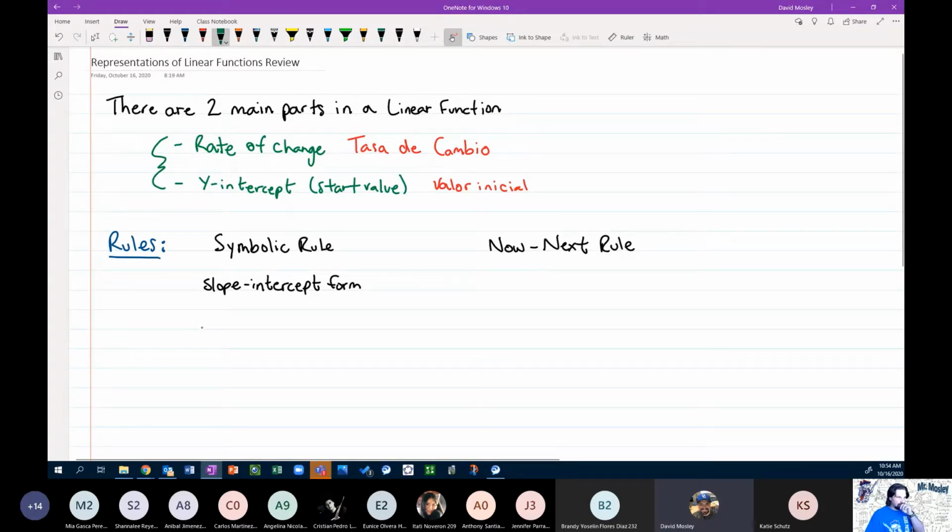The symbolic rule looks like this, and our now-next rule looks like this.